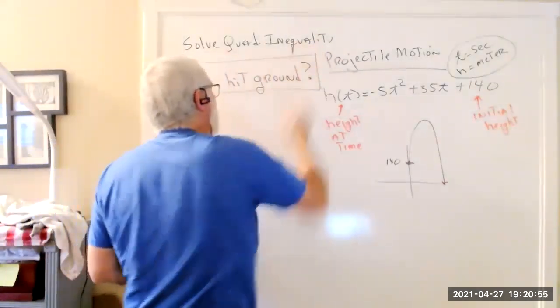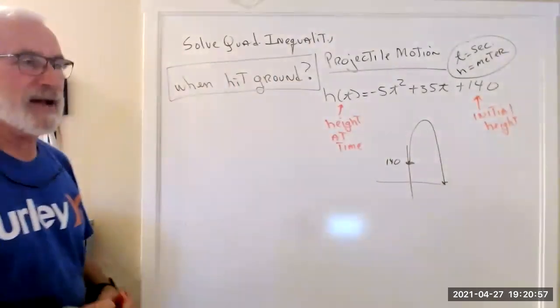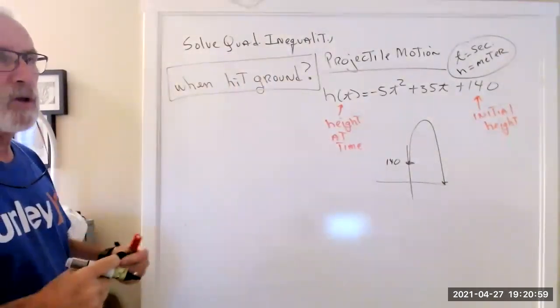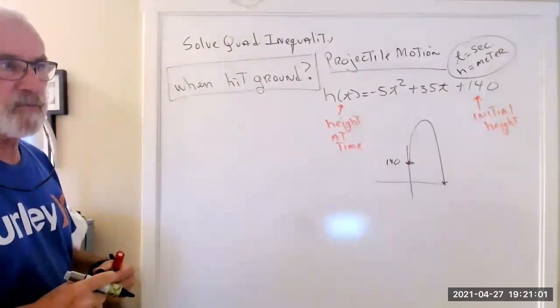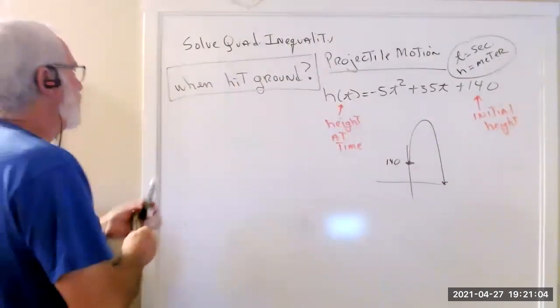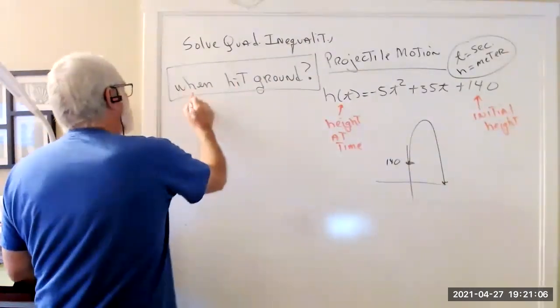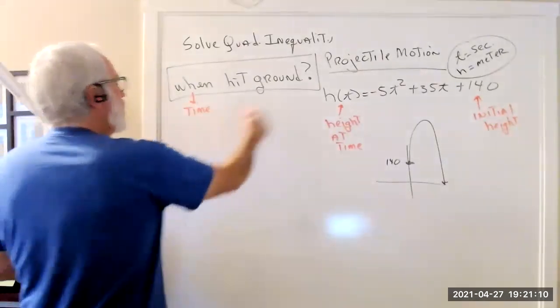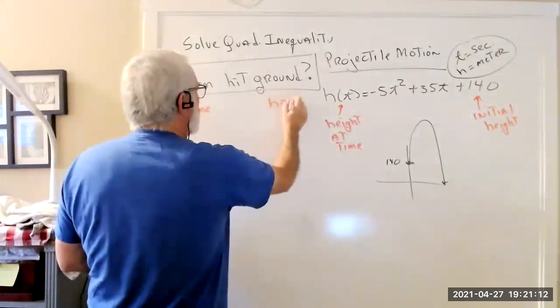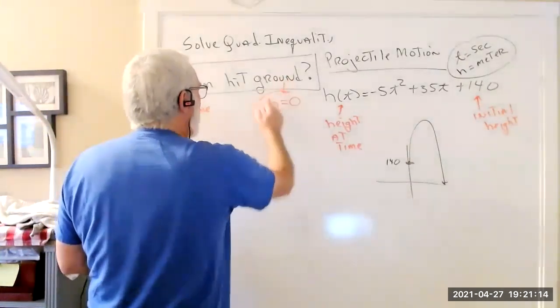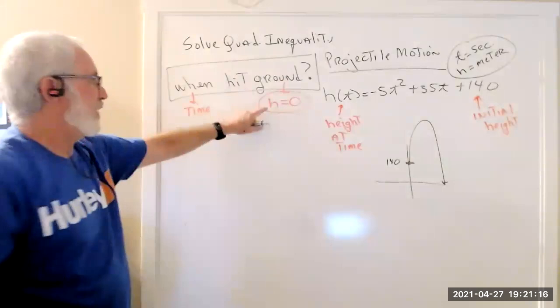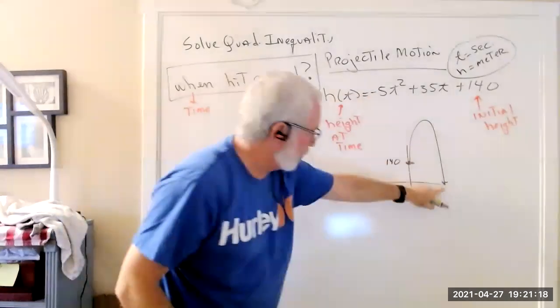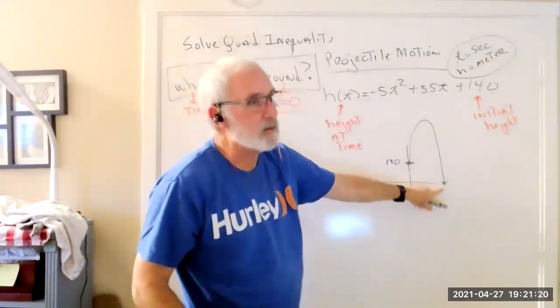And again, I was just aghast at the number of people that left this blank. When means find the time. What is the time when h equals 0? The ground means the height is 0. When we're over here, how far up are we? 0.